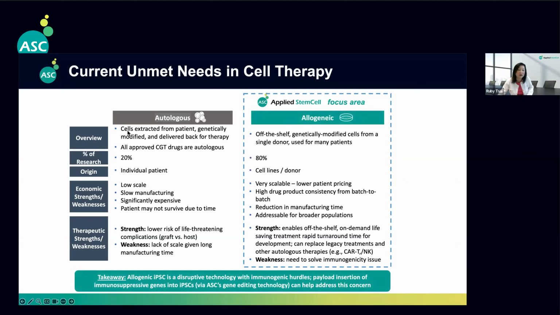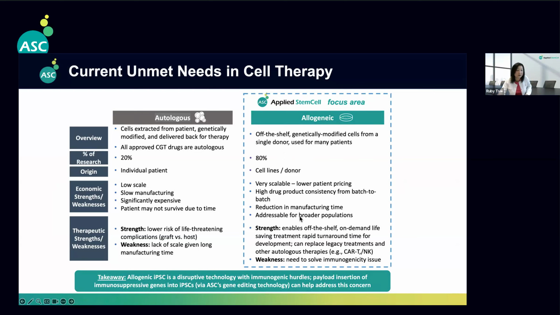So what we really want to develop is allogeneic, focusing on iPSC. That gives another level of universal donor idea, right? So really provide off-the-shelf genetically modifiable cell products and provide on-demand life-saving.